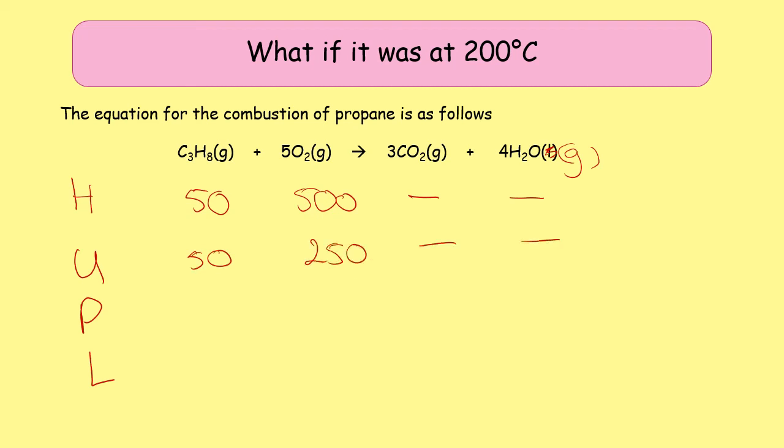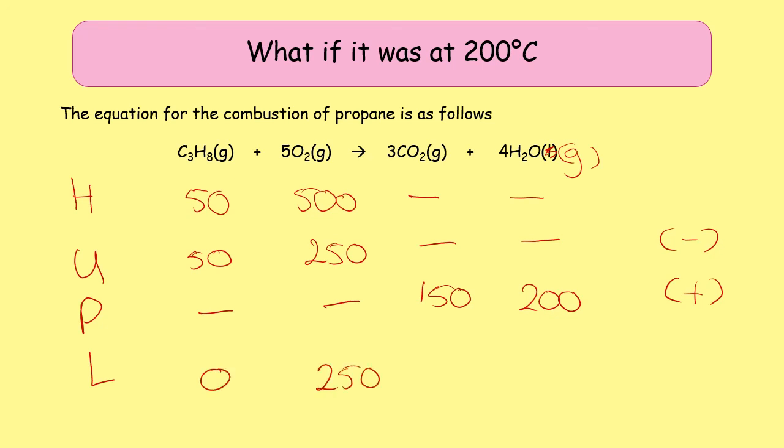We don't use any products. We don't produce any reactants. But this time we would have our 150, but this time for water, we would now have 200 because it's a gas. Now remember, we take away these numbers and we add these numbers. So that's a 0, that's going to be 250, that's 150, and that's 200. So this time, when we add them all together, it's 600 centimeters cubed.